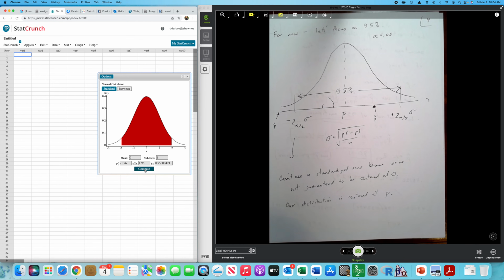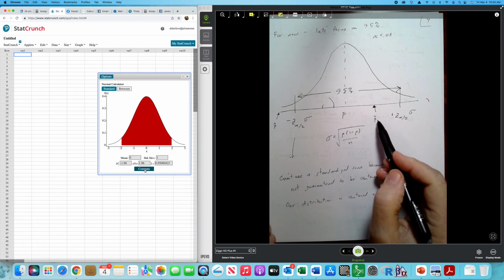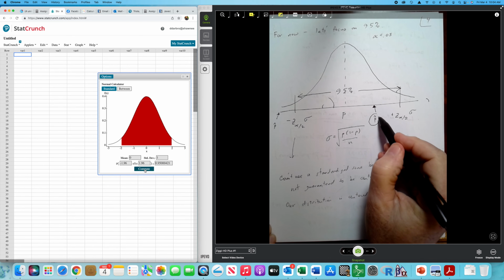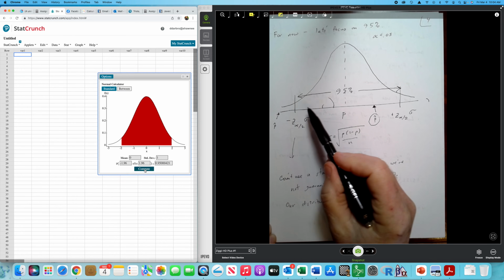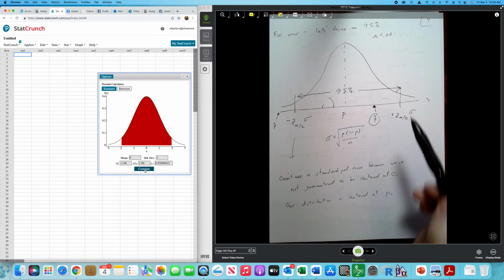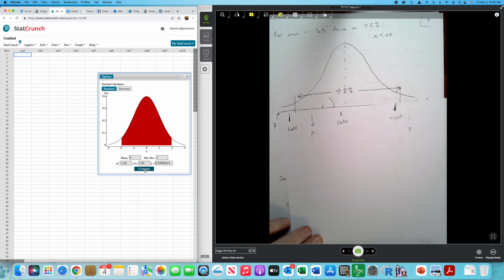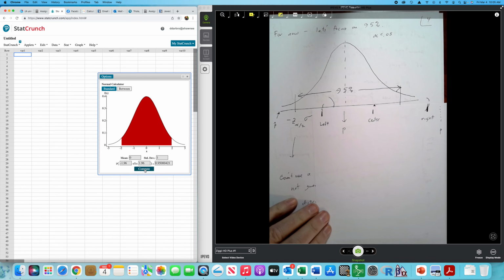So I can be positive that when I pull out a sample proportion at random, if I get one from here to here, the interval I'm drawing around the P hat will contain the P that I'm trying to estimate.